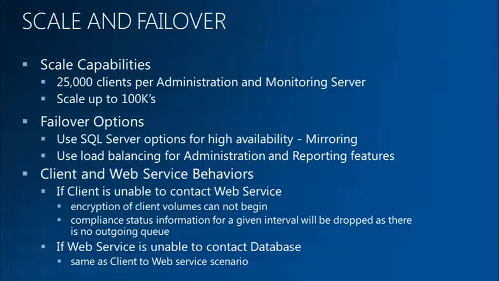If you look at the bottom here, we talk about the client and web services behaviors. So the client itself, if it's unable to contact that web service, so let's assume we've done a single box install and something's happened to that server and it's down for a couple of hours. Okay? What is going to be the impact to the enterprise? The client is going to try to contact the web service.